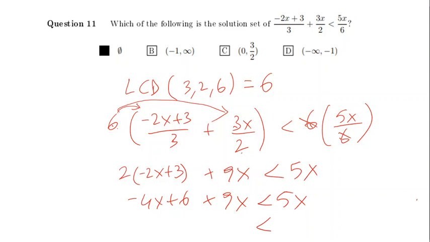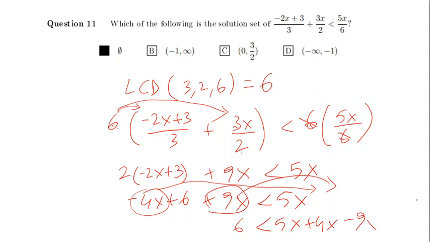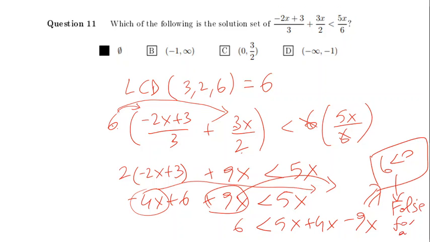And when we collect all x's on one side, then we get this 6, here it goes like 5x plus 4x and then minus 9x. So we get 6 is less than 0, which is false. This is false for any x, so this inequality can never be true for any x. So the solution set is empty set.